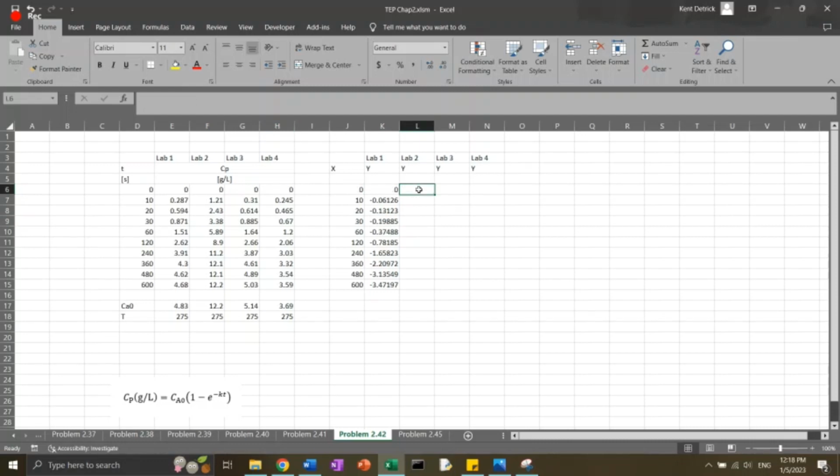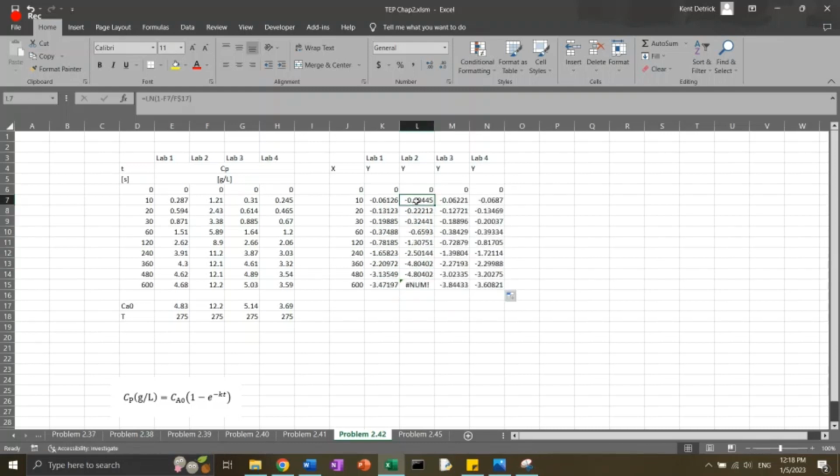And then we want to drag all of these over, and let's check this to see if this worked. Yep. We've got an error here, and that's because the final concentration equals the initial concentration Ca naught. And technically that is not possible.